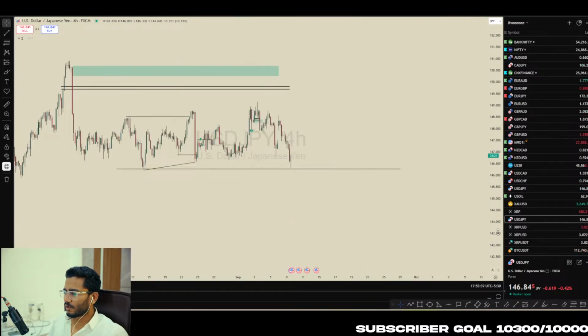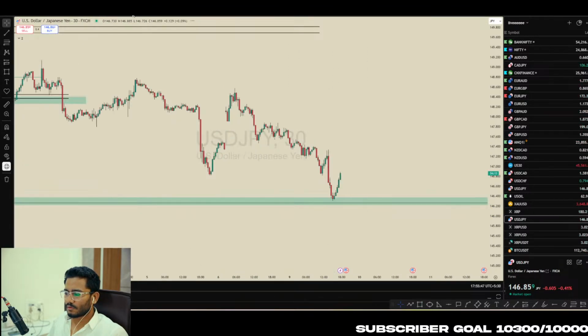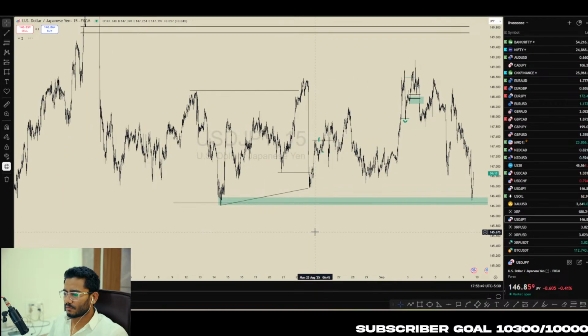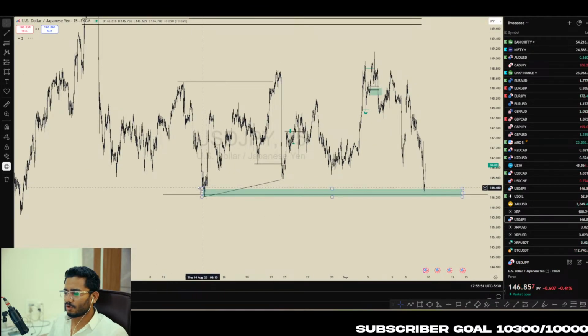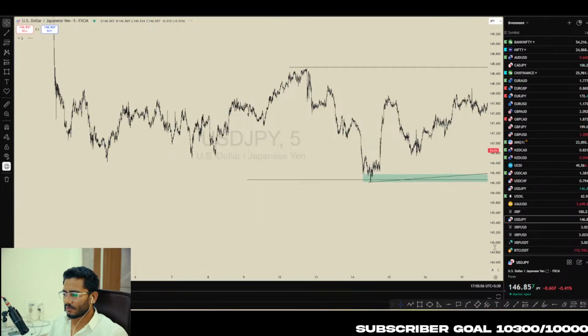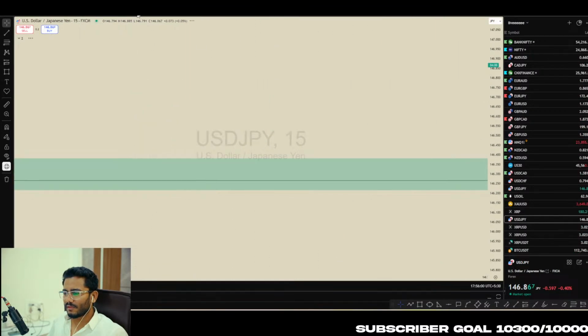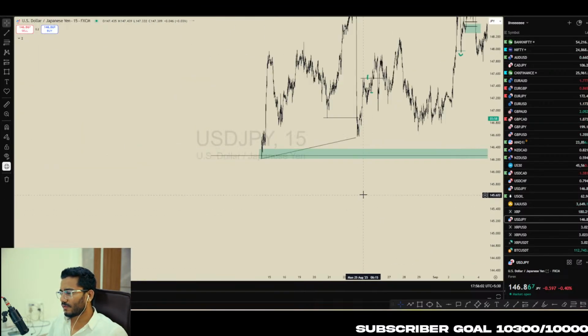So if you look at 4 hour, price is reacting from this order block. So this is not an order block, but let's see. Sometimes there is some imbalance left, so that's why price reacts from this area.